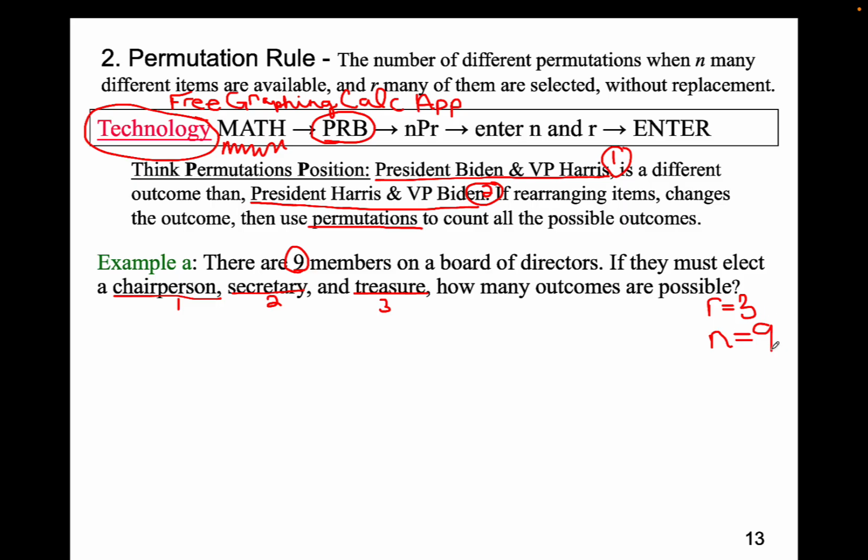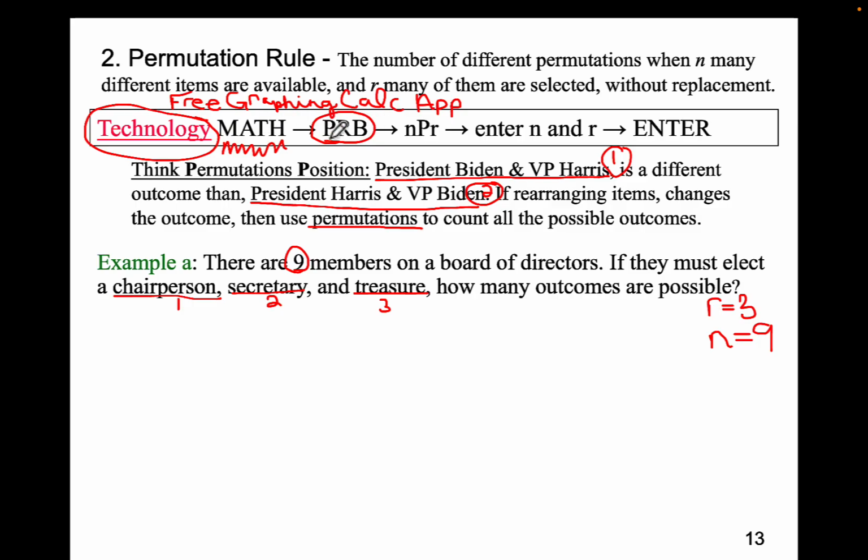So when we open our free graphing calculator app, whatever one you chose, go ahead and open it now. You want to find the key that says math. Just going in order from right here, after it says technology, then it says math. Hit the key that says math. Somewhere on that screen, mine is at the very top, and I have to arrow over 3 times.